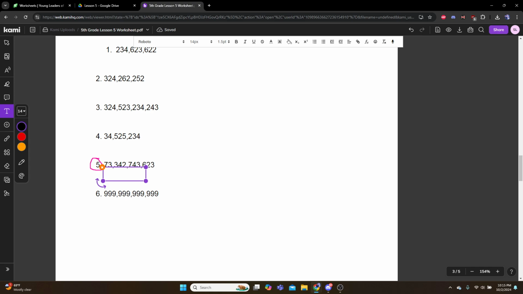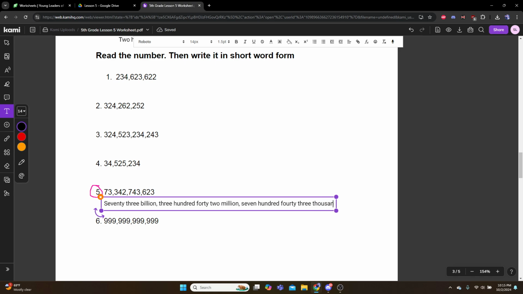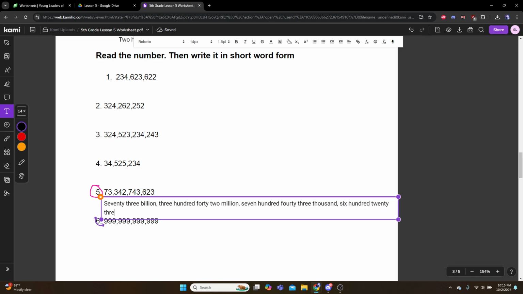Starting off, we would read it like 73 billion, and then the next set of terms, 342 million, 743,623. Now, if we want to write that in short word form, it would be 73 billion, 342 million, 743,623.